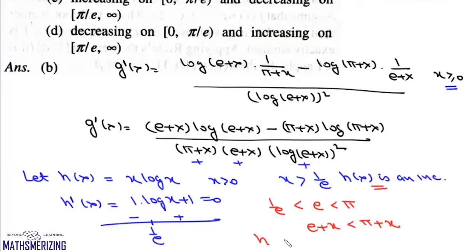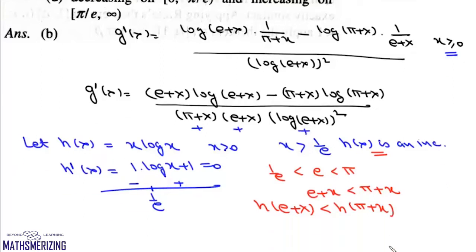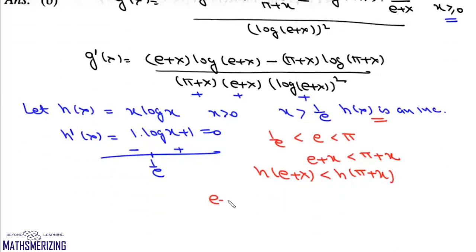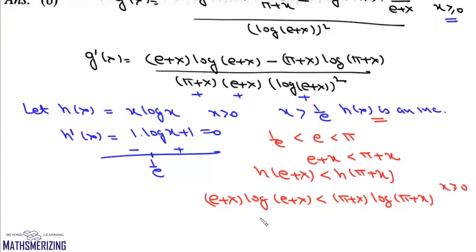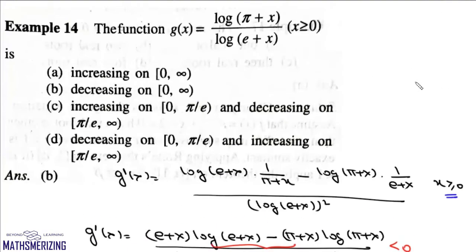So we can write h e plus x is less than h pi plus x, that is e plus x log e plus x is less than pi plus x log pi plus x when x is greater than or equal to 0. Now it simply means that this numerator in gx is less than 0. That means this gx is a decreasing function. So this gx is decreasing on 0 to infinite, and that's your option B.